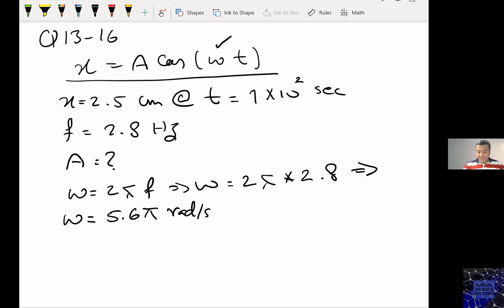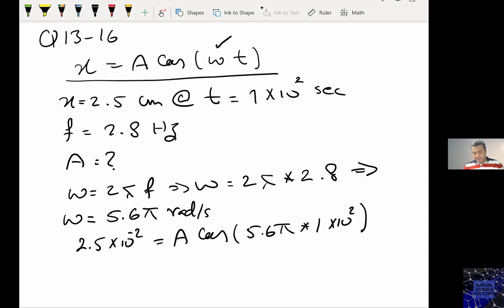I need the amplitude. He gave me the displacement that corresponds to the time. So now I will substitute x with 2.5 × 10⁻² equals A, I don't know A, cosine omega t, which is 5.6 pi times 100.